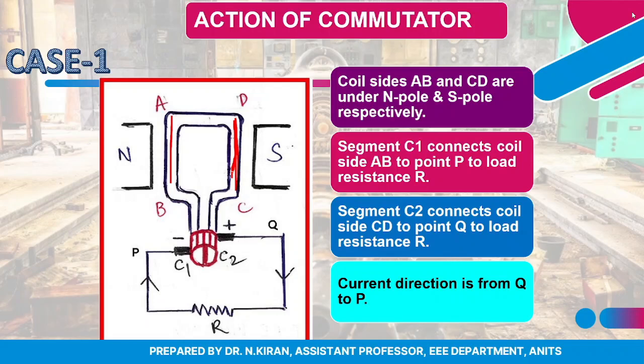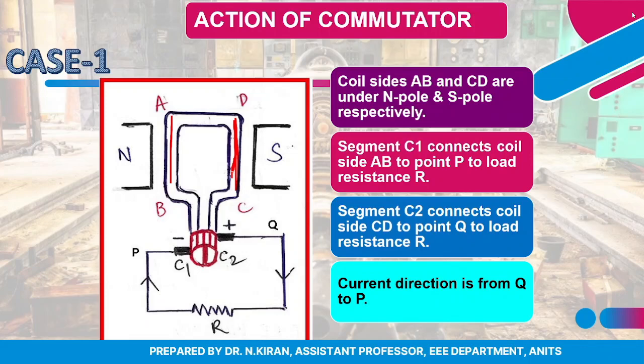So one is connected to point P of the load and the other one is connected to point Q of the load. Okay, so the current direction is from Q to P. So this is the first case.